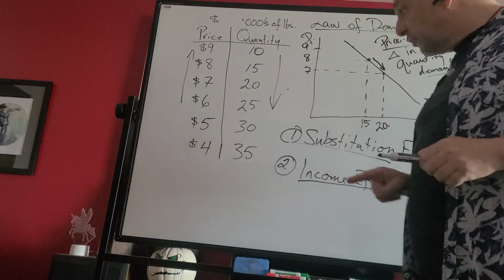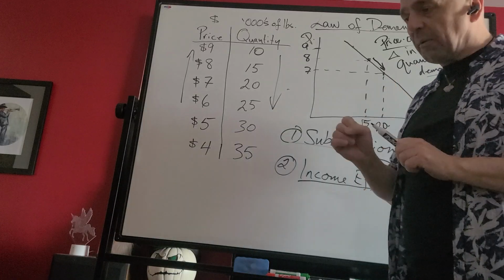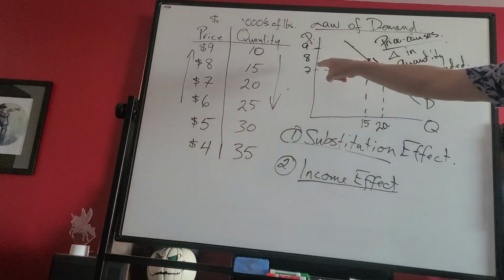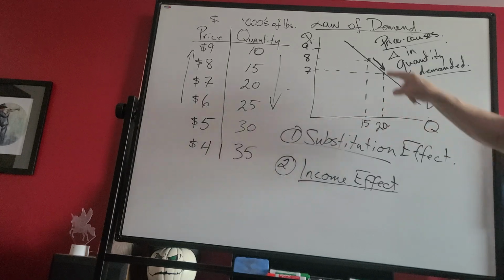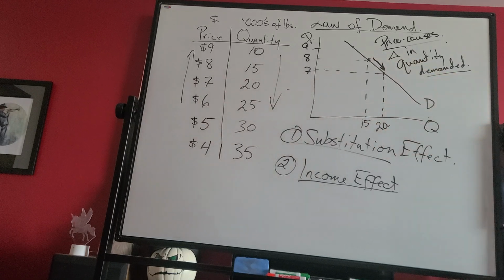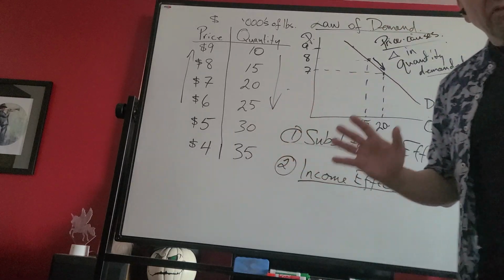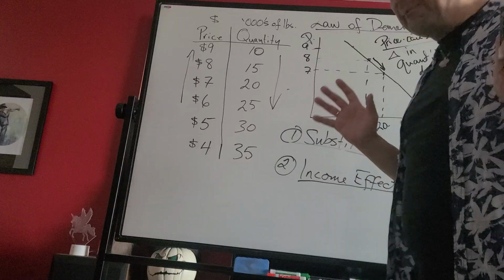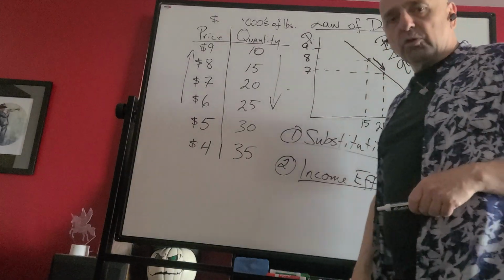That's what our next video is going to talk about, a change in demand. Here, price causes a change in quantity demanded, just movement along the curve or along the x-axis. There are other things that are going to be able to change where the curve is located, and we're going to talk about those in the next video.